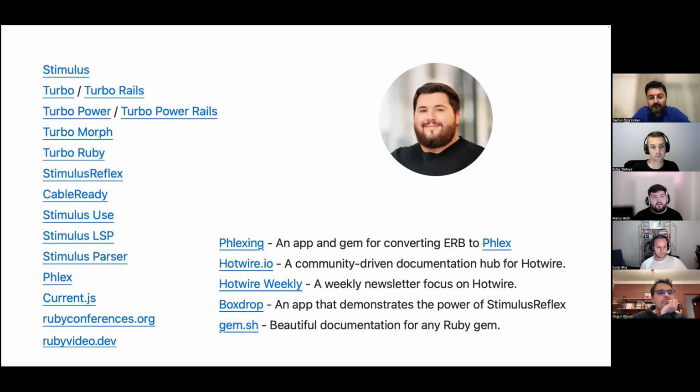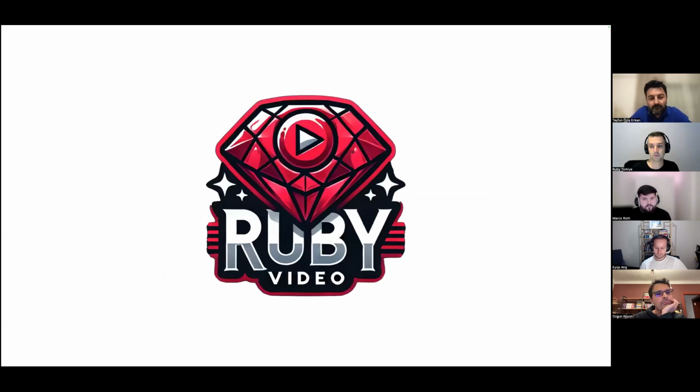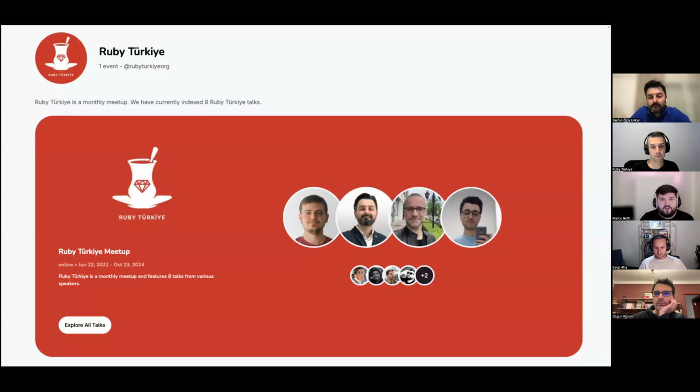We have been building this website called Ruby Video. In the past few months or so, we have been really focusing on adding more and more data to it. And I'm happy to announce that as of today, we also have the Ruby Turkey meetup on there too. I'm hoping that we can also add the future ones, including this one. This is just a way to show that all these events are happening.